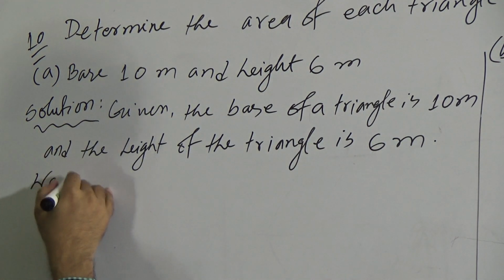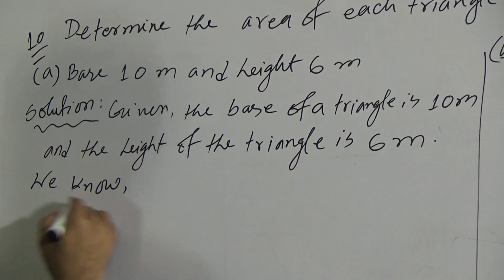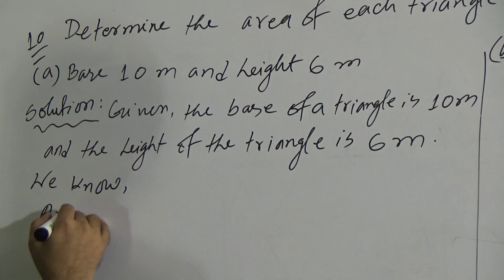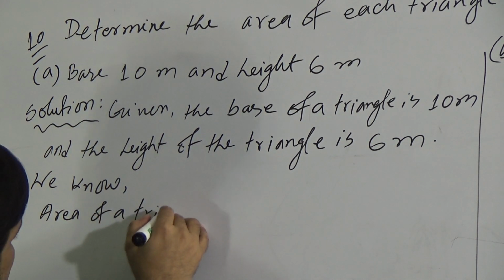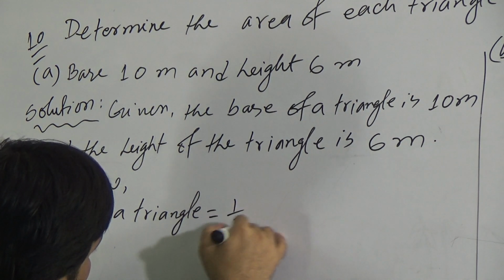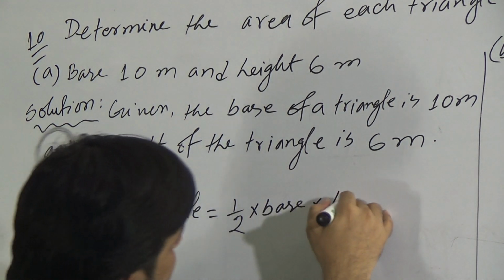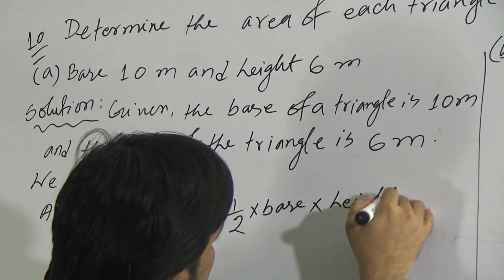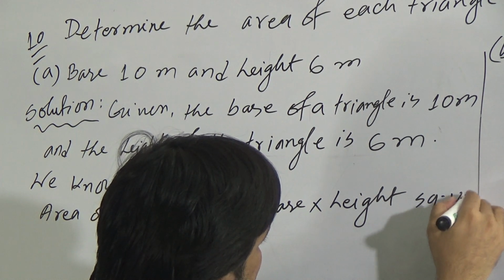We know area of a triangle is equal to half into base into height. This unit will be square unit, as this is area.